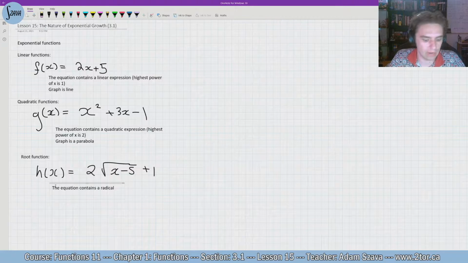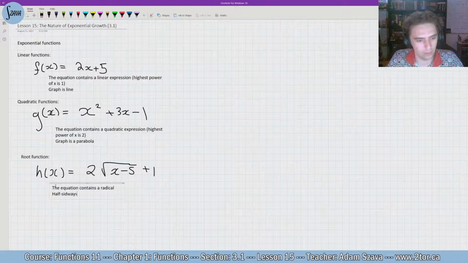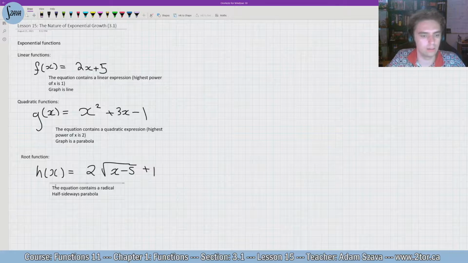The graph is kind of like half of a sideways parabola. And there are many other kinds of functions. You can come up with any kind of function you want.